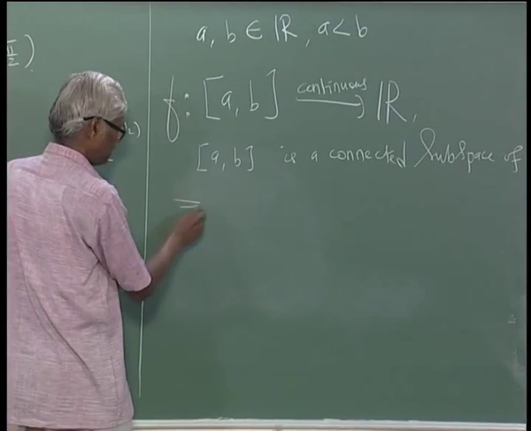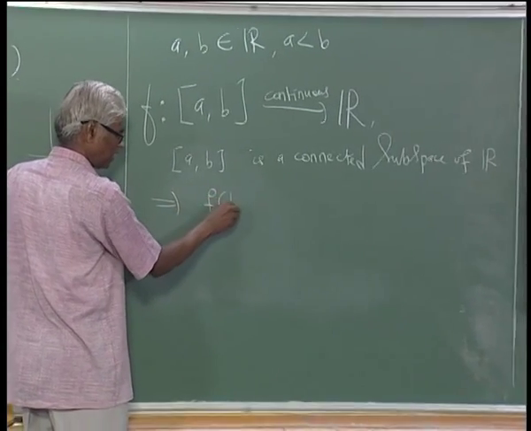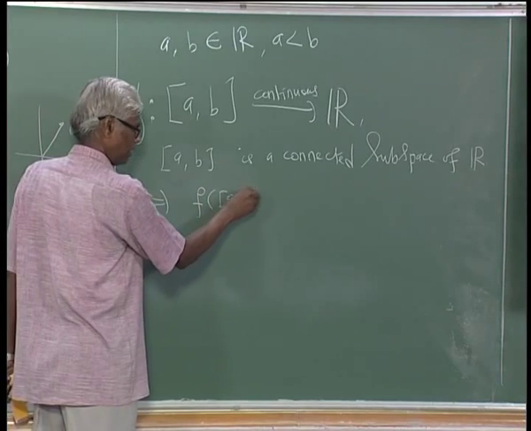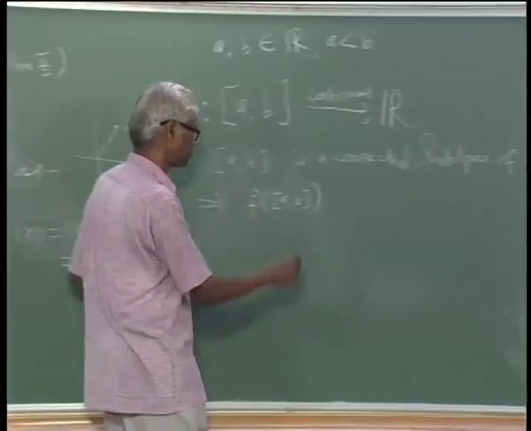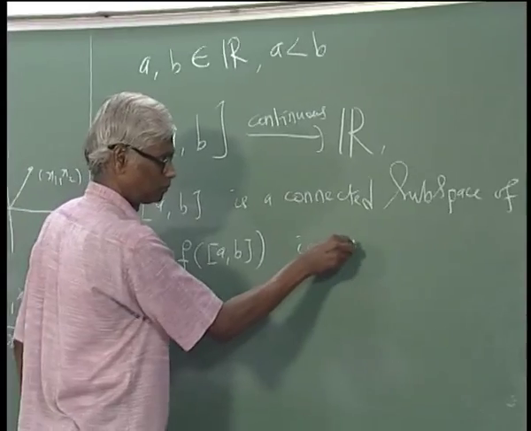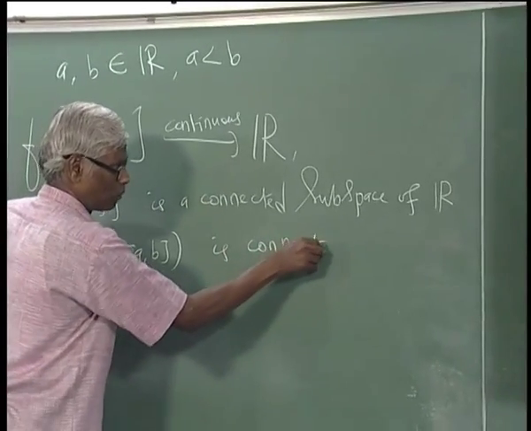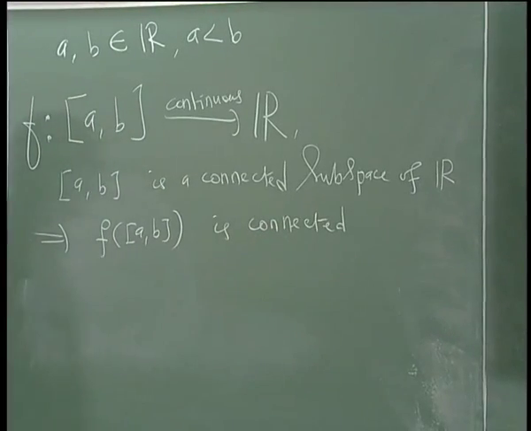the continuous image of a connected space is connected. So, f of the closed interval [a, b] is connected. But what are the connected sets in R?